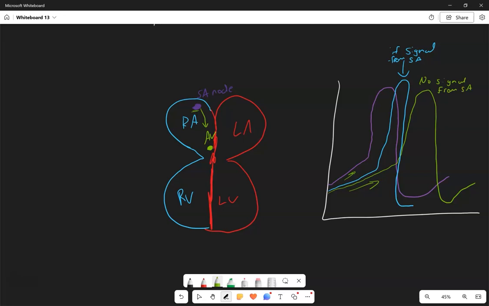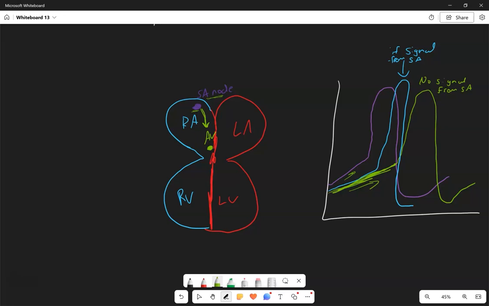Okay, so this AV node fires a little bit slowly, right? And what happens is it's going to get the signal from the SA node. So the SA node is going to fire, and the signal is going to come down to the AV node. But in the event that this SA node stops firing, look here, that AV node will eventually fire. The heart rate will drastically drop if that takes place, but we do have a backup mechanism if this thing sort of fails.